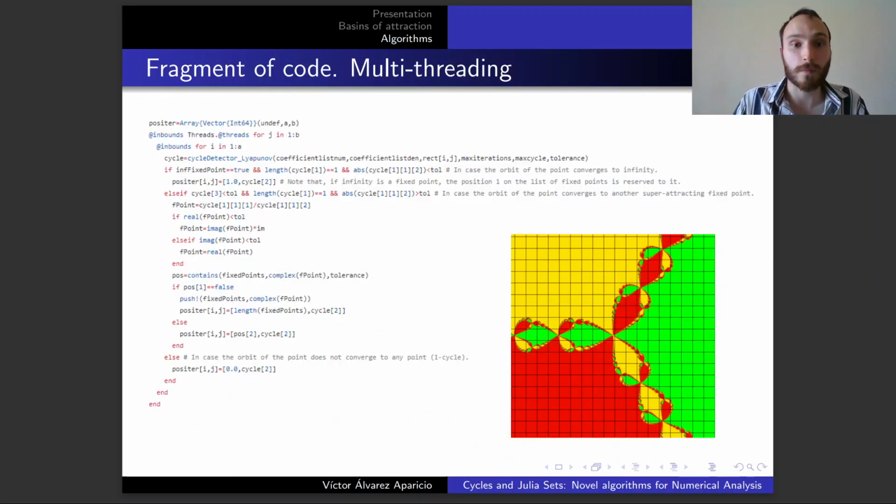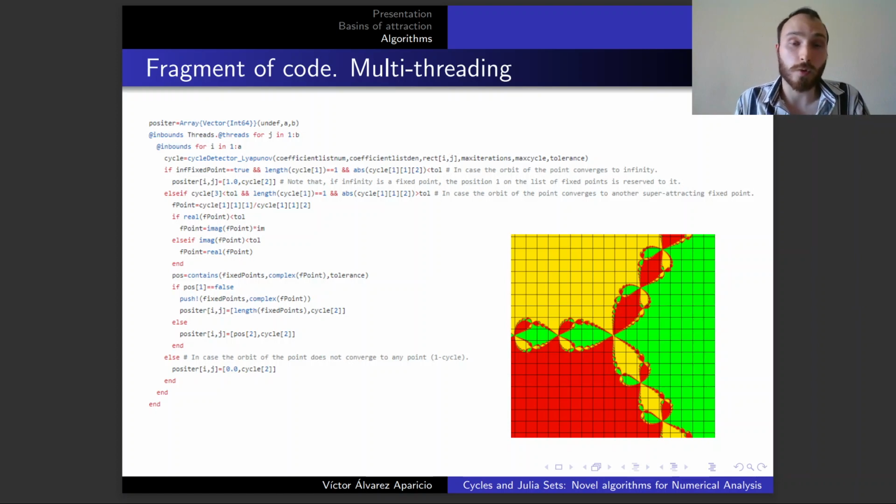As we can see in this fragment of code, most of the calculations needed to compute our Lyapunov function are sums and products, and we know Julia is extremely fast in performing that kind of calculations. Also, as some of you might have noticed, the grid of points we are working with is embarrassingly parallelizable, so we can use some of Julia's built-in options for parallel programming.